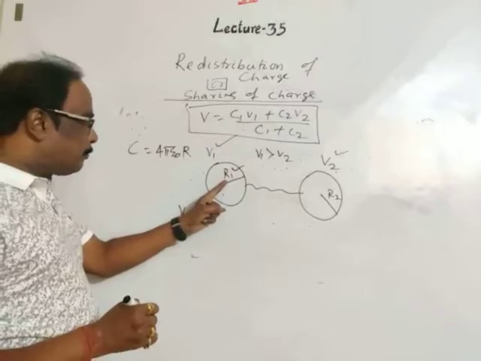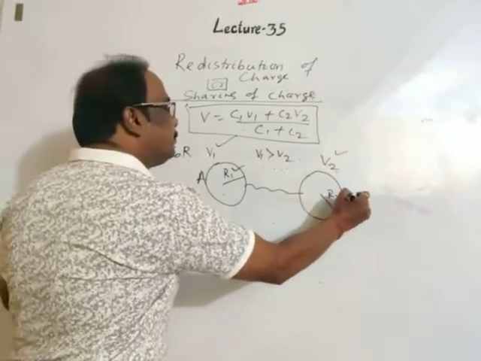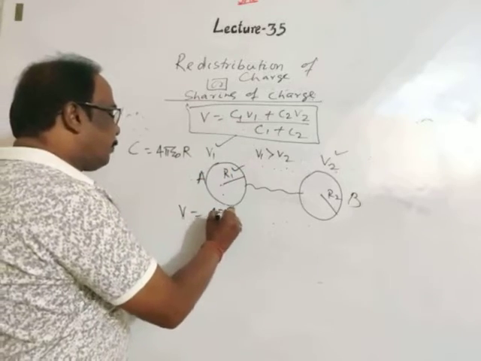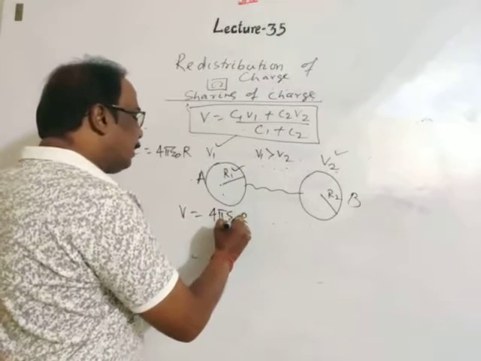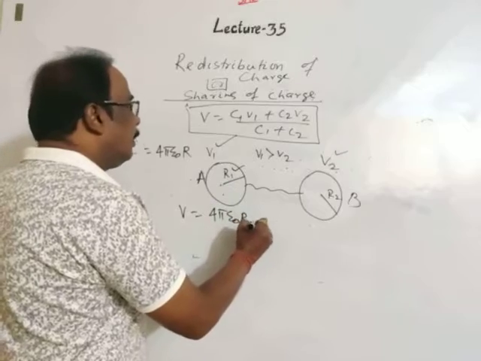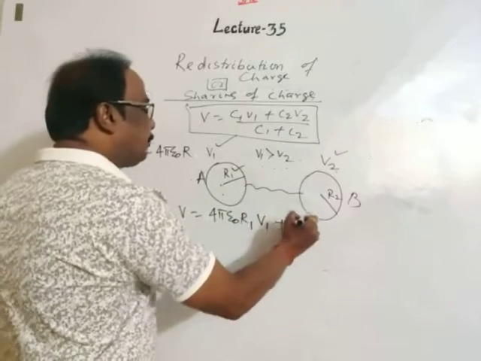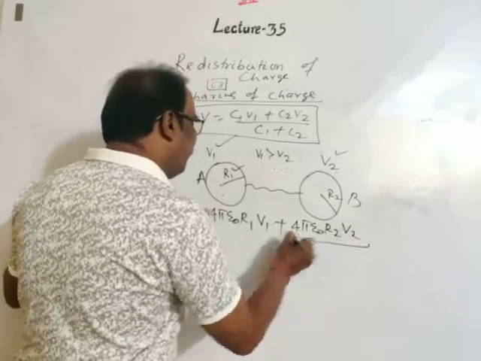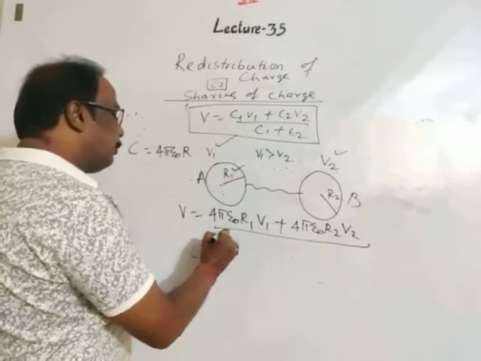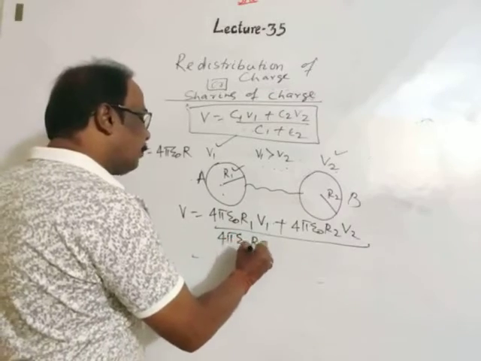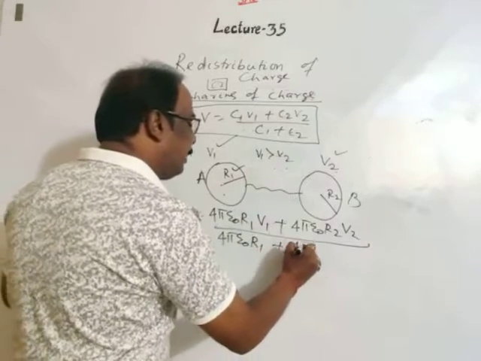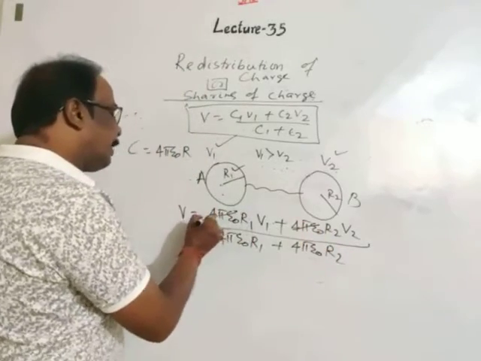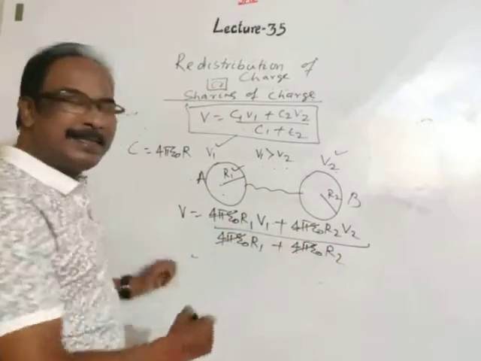This body is A, this body is B. For body A, capacitance C1 is 4 pi epsilon naught R1, so 4 pi epsilon naught R1 into V1 plus C2, 4 pi epsilon naught R2 into V2, divided by C1 plus C2, that is 4 pi epsilon naught R1 plus 4 pi epsilon naught R2. 4 pi epsilon naught, all these cancel.